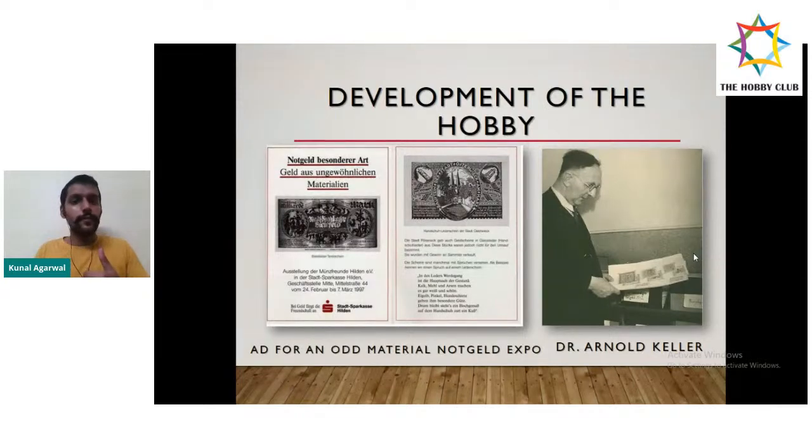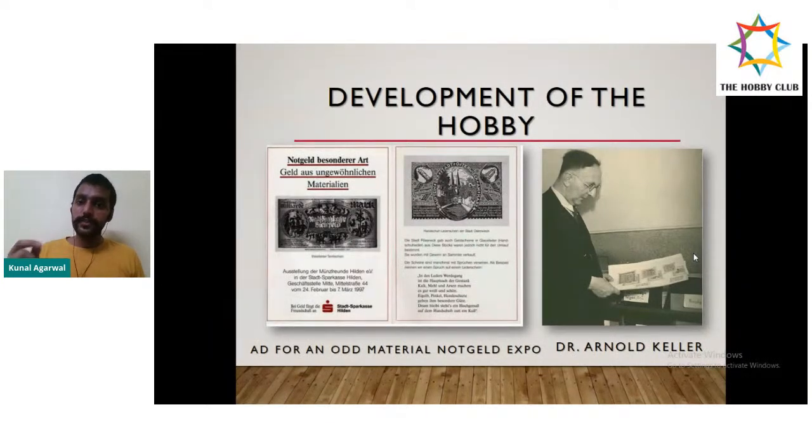So this hobby developed very fast, and the credit goes to the man on the right, Dr. Arnold Keller. You can say he is the father of emergency money, or father of Notgelds. He was the one who put so much time, so much dedication to this. He did everything possible to record all types of variants of Notgeld.